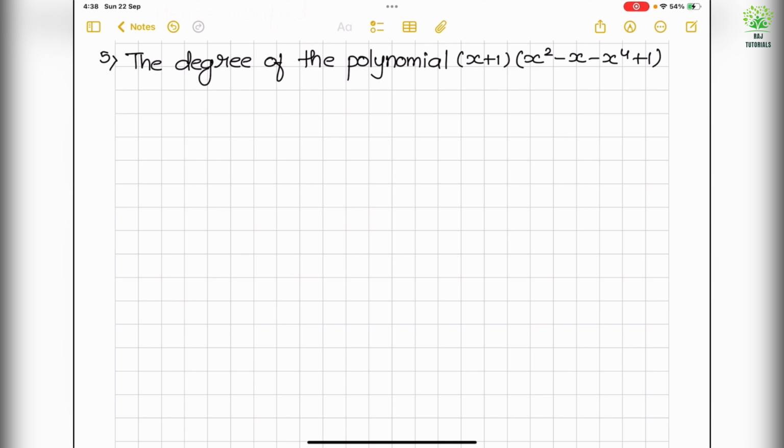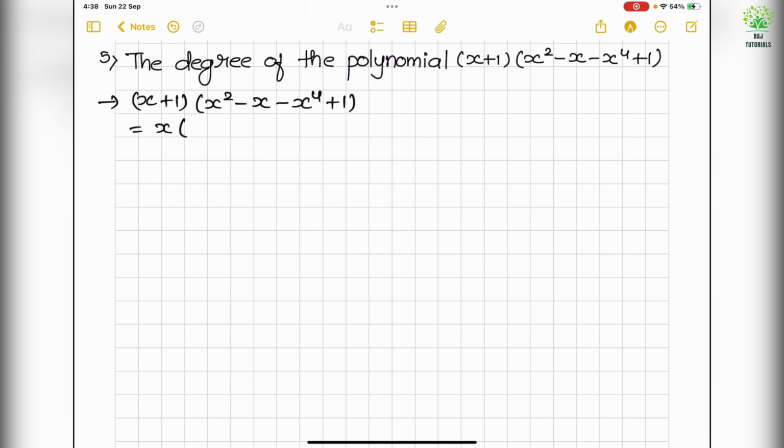Next question says the degree of the polynomial (x plus 1) into (x square minus x raised to 4 plus 1). Now we know that the degree of the polynomial is the highest power. So here, first I am multiplying both of them, the binomial with the polynomial.